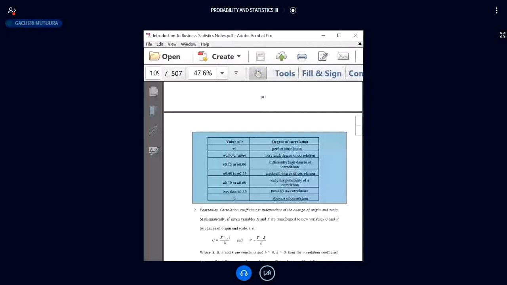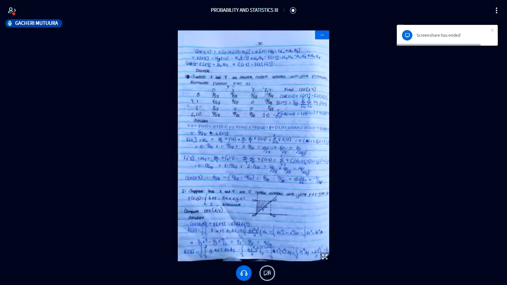Above 60 to around 90, there is sufficiently high. Above 90, it's high enough, and at 1, we have perfect correlation. I'm hoping that has now shed some light on the terminologies you're expected to use for the various interpretations of your correlation coefficient.